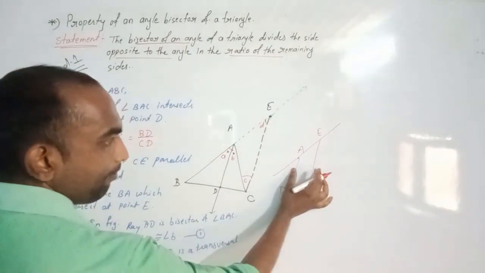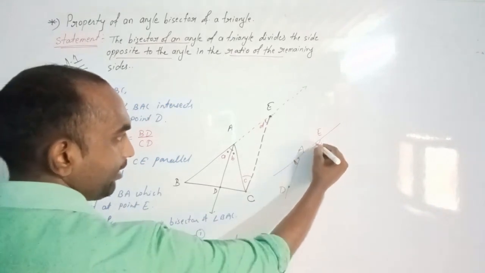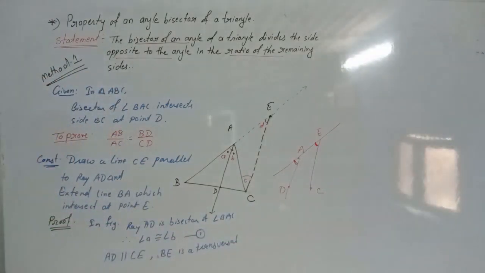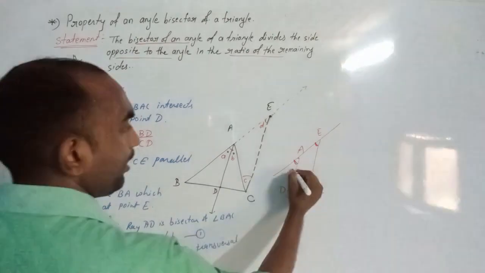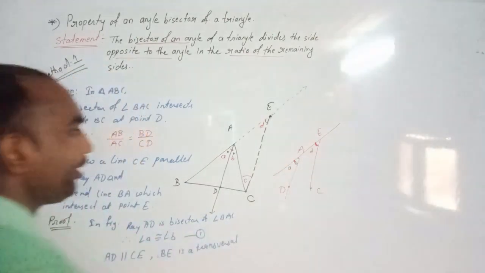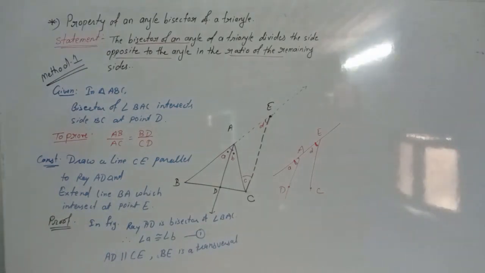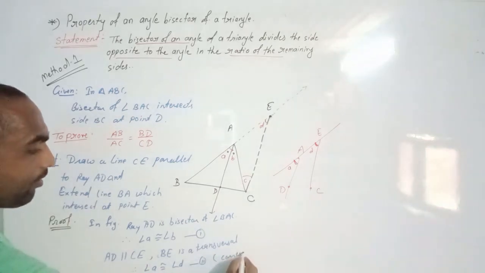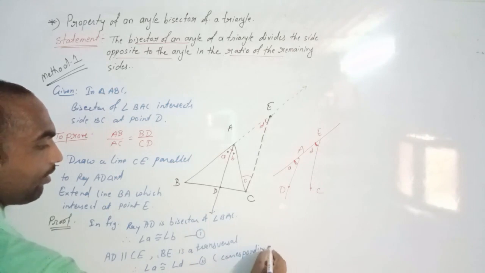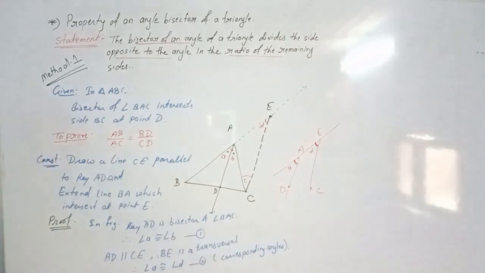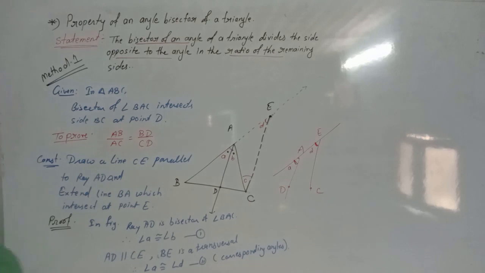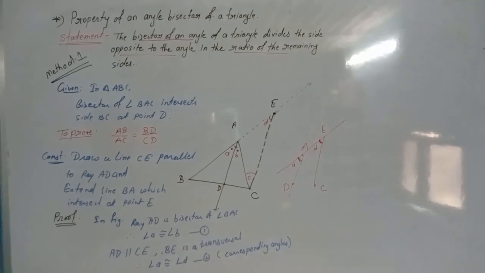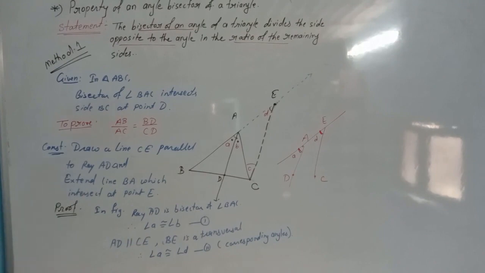If these two lines are parallel, then definitely this angle and this angle are congruent. Why? By corresponding angles. So here A and D will be congruent by the corresponding angle test. So therefore we can write angle A is congruent to angle D, that is second, and the reason will be corresponding angles. Okay. Now the next.